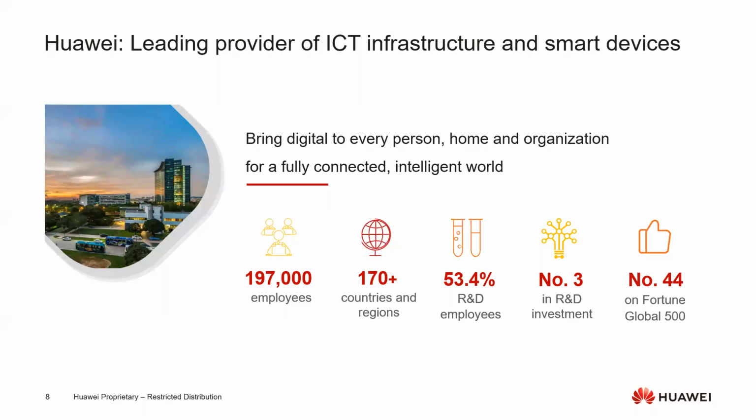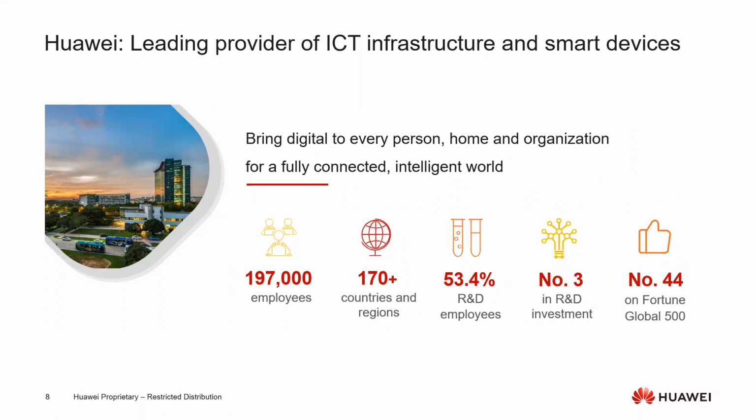For those people who are not aware, Huawei is a leading ICT company. They manufacture all types of equipment in the data center, and we have multiple product families. From the employee strength point of view, we have 197K employees globally. We have a presence in 170 plus countries globally, and the ratio of R&D employment is 53.4%, which is very huge.